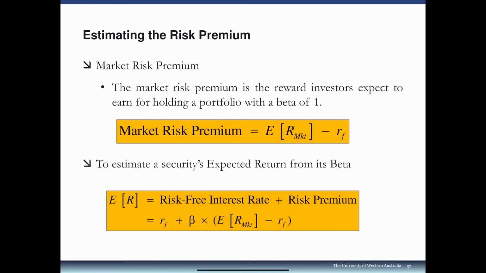So if you think about beta as a unit of risk, that means if my beta is 2, I'm holding 2 units of risk. And for each beta of 1, for each unit of risk, I get a market risk premium. That means if I'm holding 2 risk units, I should get twice the market risk premium.